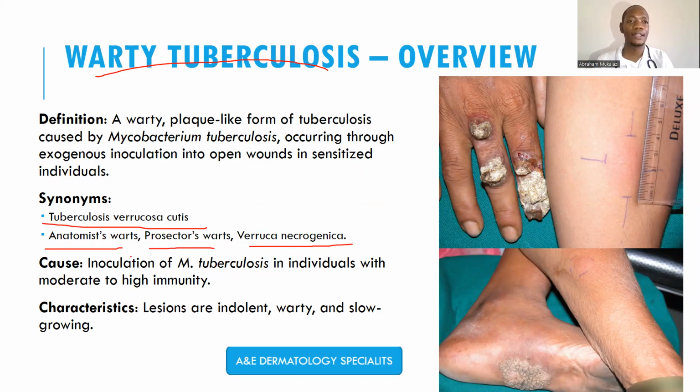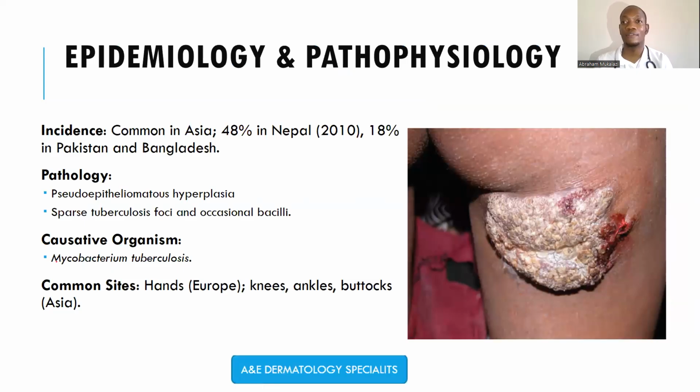So in this case, someone will present after inoculation of the TB into the skin, and in this case, they have a high immunity, so the body will be able to localize the TB in that area. And because of the aggressiveness of the immunity, someone will end up with these warty, slow-growing lesions that may look similar to warts, or the verruca plana, or the verruca vulgaris.